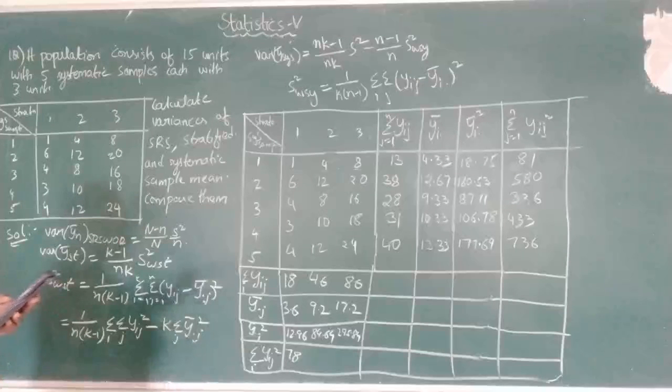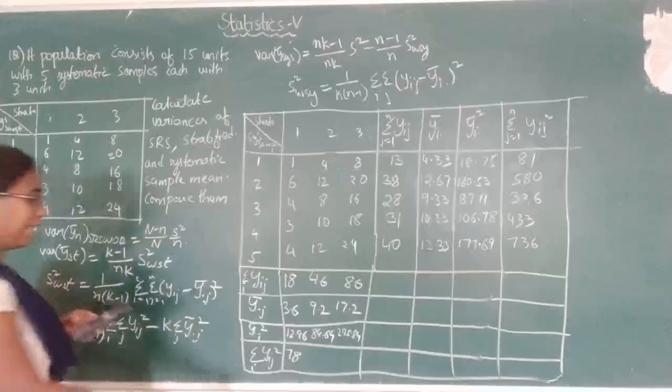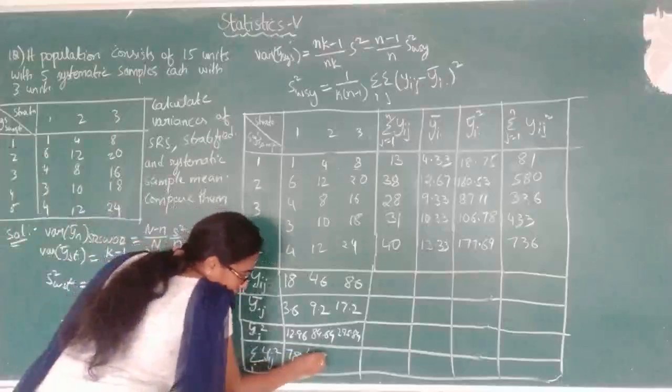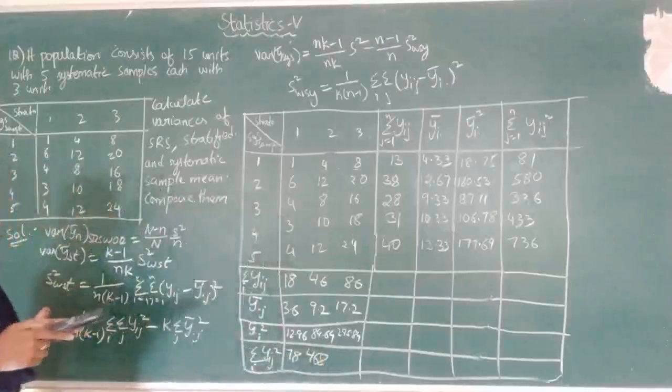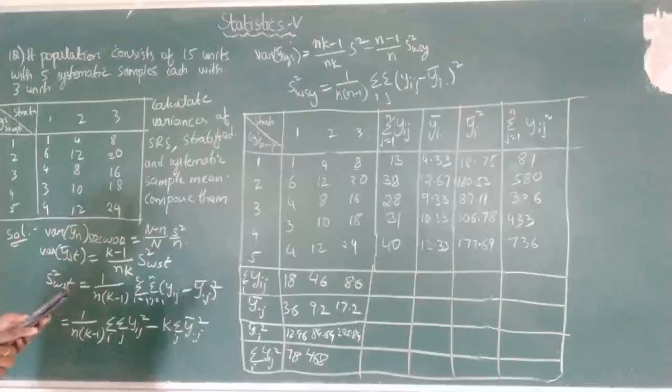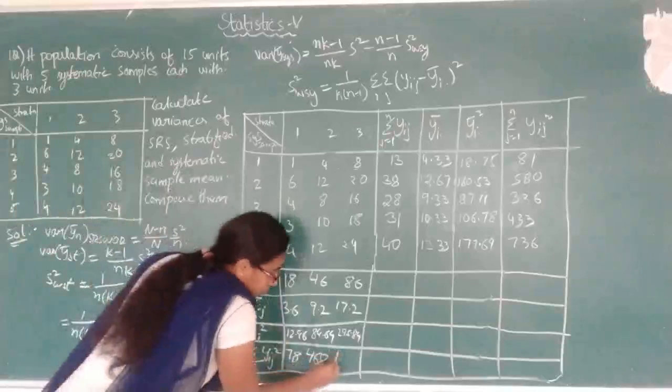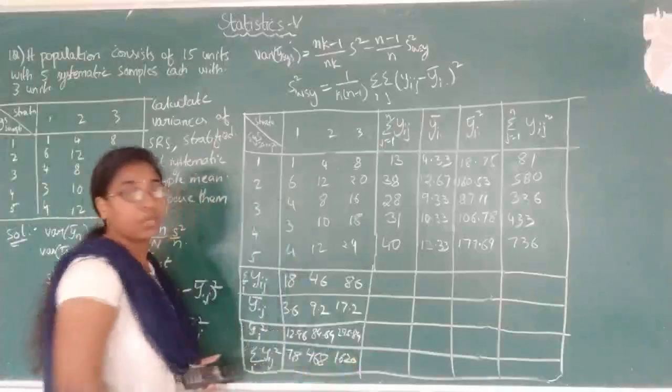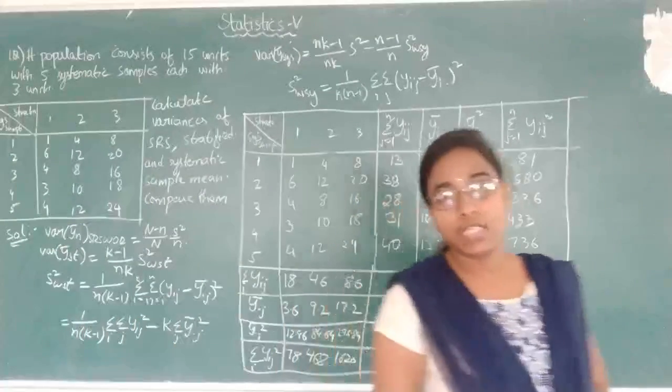You get the value as 468. And for the last stratum, 8 square plus 20 square plus 16 square plus 18 square plus 24 square is 1620.